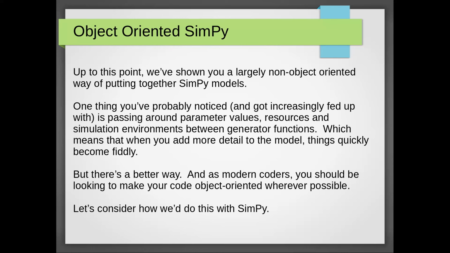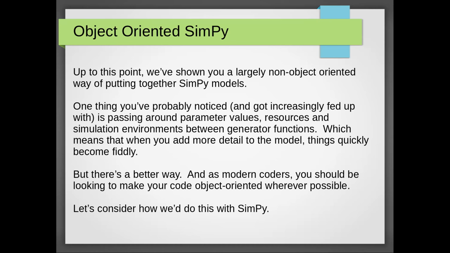So we've talked about why we want to do it. Let's now look at how we would do it in theory. Now, the other important thing to say about this is that there are multiple different ways of building an object-oriented SimPy model. Again, the way I'm showing you here is the way that the SimPy tutorials advise you to do it. That doesn't necessarily mean it's the best way. In fact, within the team, I think there are 2 or 3 different ways in which members of the team do it.